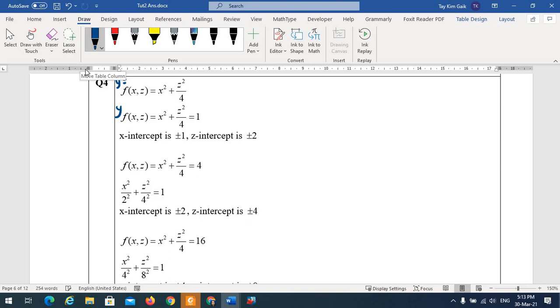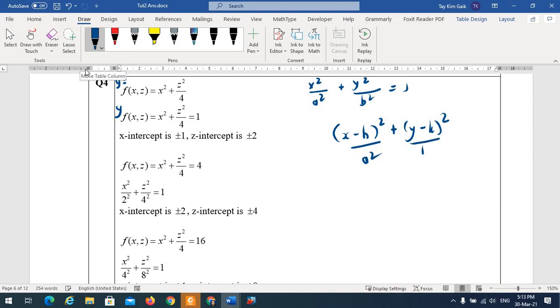So this is an ellipse equation. As I told you just now, the ellipse equation is x squared over a squared plus y squared over b squared equals 1, centered at 0, 0. If you have x minus h squared plus y minus k squared over a squared and b squared, the center of the ellipse is at x equals h, y equals k. But this one is centered at x equals 0, y equals 0.